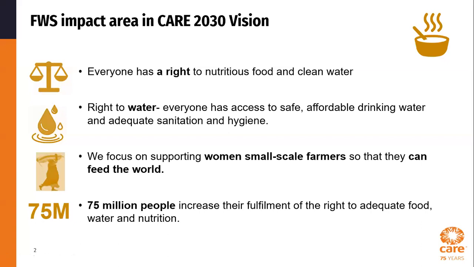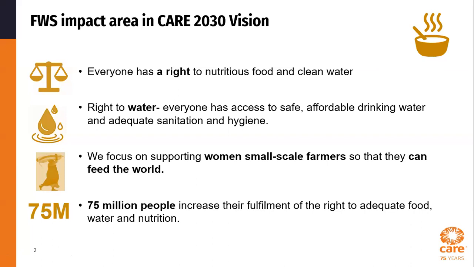So aligning with CARE's 2030 vision and strategy, FWS programming aims at ensuring right to nutritious food and clean water for the households that we work with. So we take the rights-based approach: right to food, right to water, and nutrition. FWS programming supports women small-scale farmers to empower them for their equitable engagement in the agricultural system.